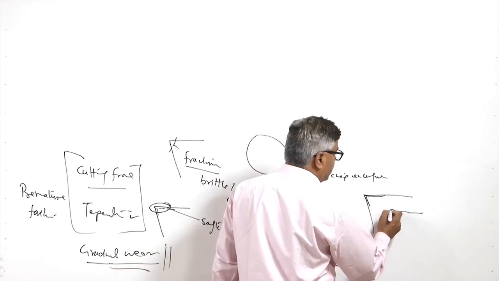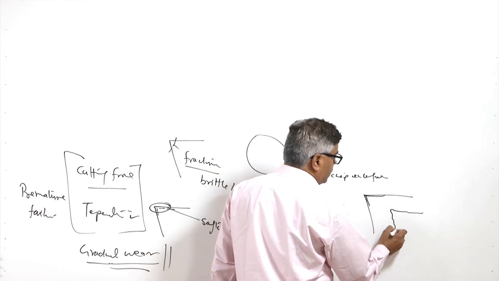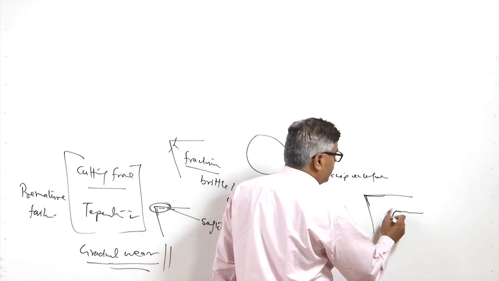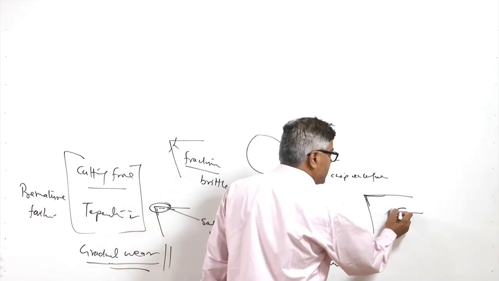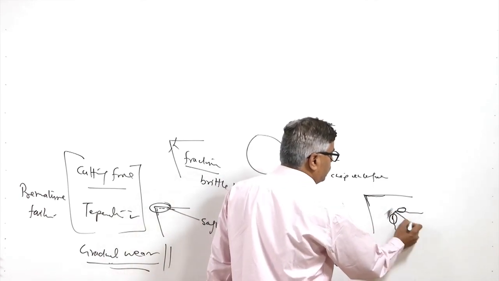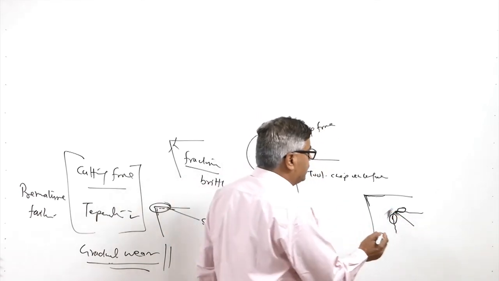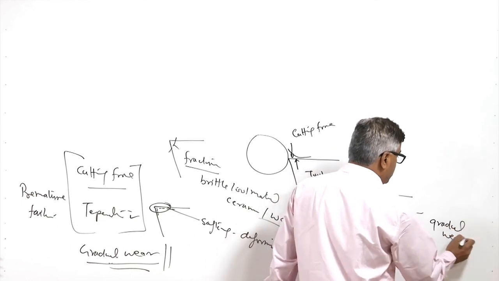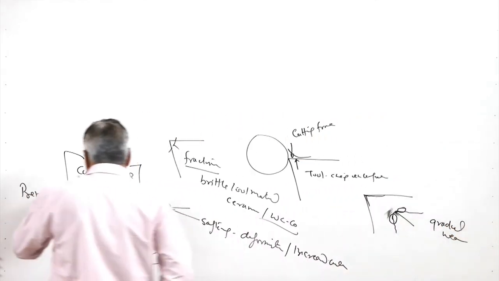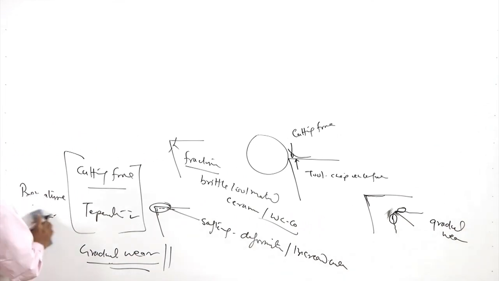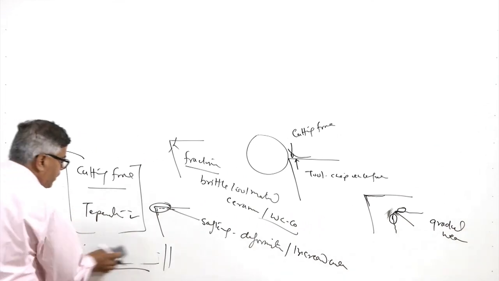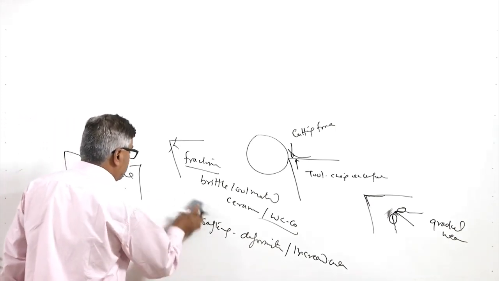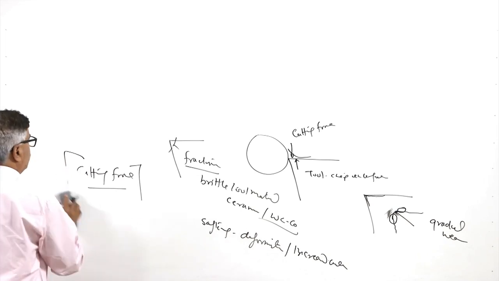We may find that the face or the flank has become rough and the cutting edge has been rounded off, so it has blunted. The face, the flank and the nose are the three zones affected in the case of gradual wear. Obviously we will try to have conditions such that premature failure of the tool does not take place, but it is mostly subjected to wear and delivers the required tool life.